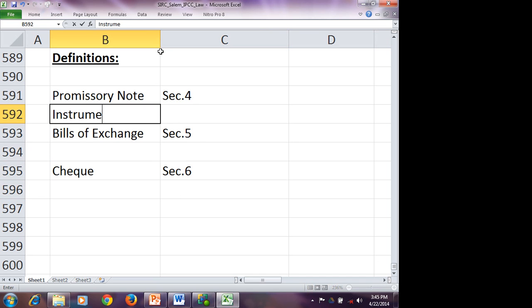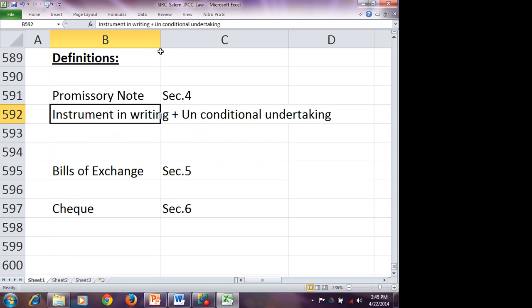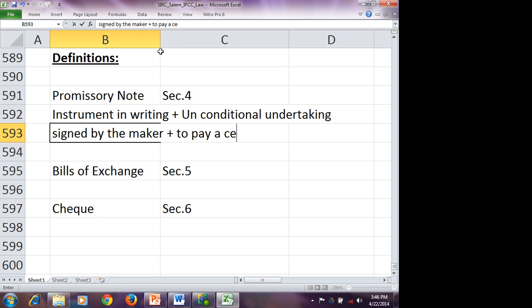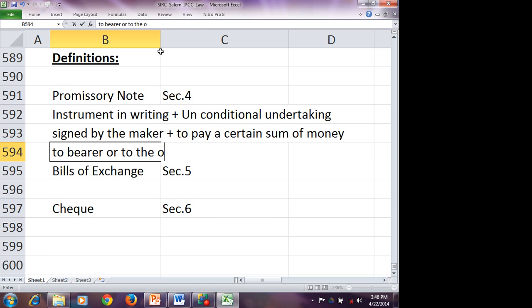It's an instrument in writing containing an unconditional undertaking. Yeah, it is very important. Unconditional undertaking, signed by the maker, to pay a certain sum of money to the bearer or to the order.